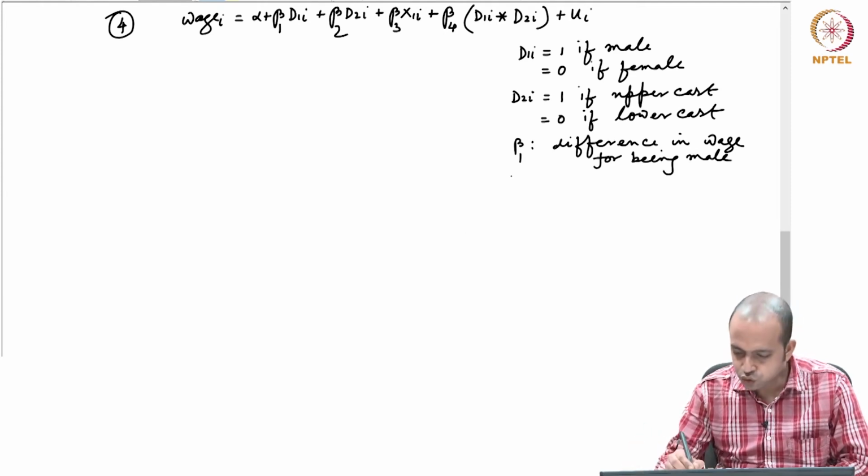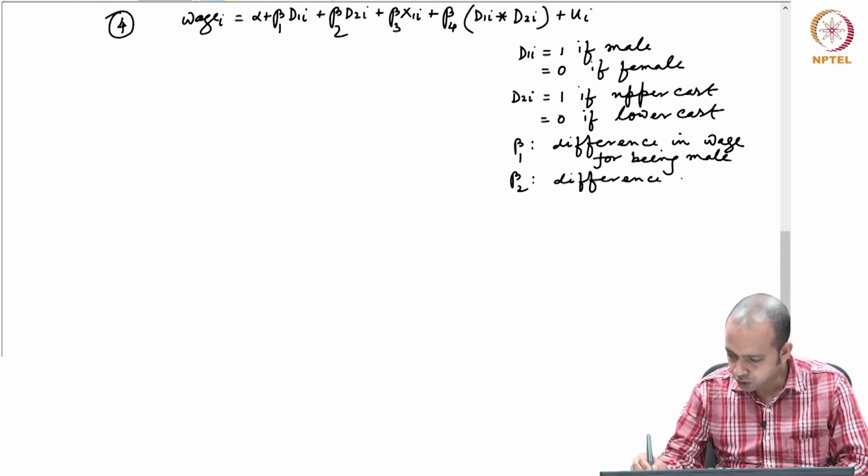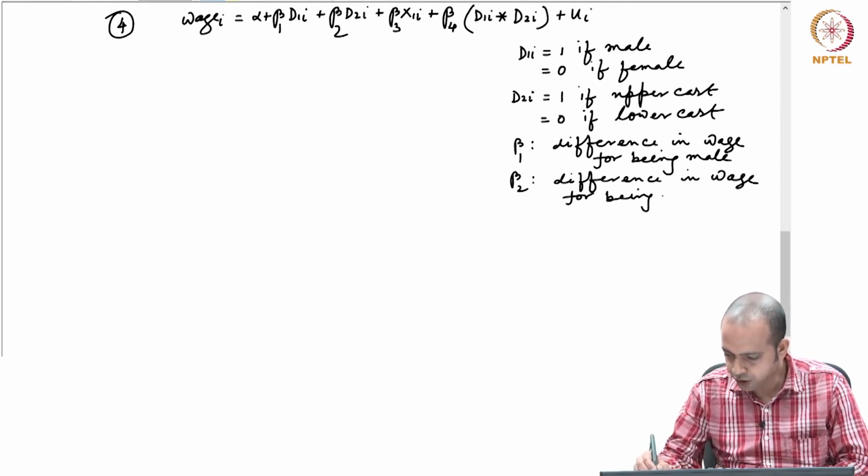And what is beta 2? Beta 2 indicates difference in wage for being upper caste.